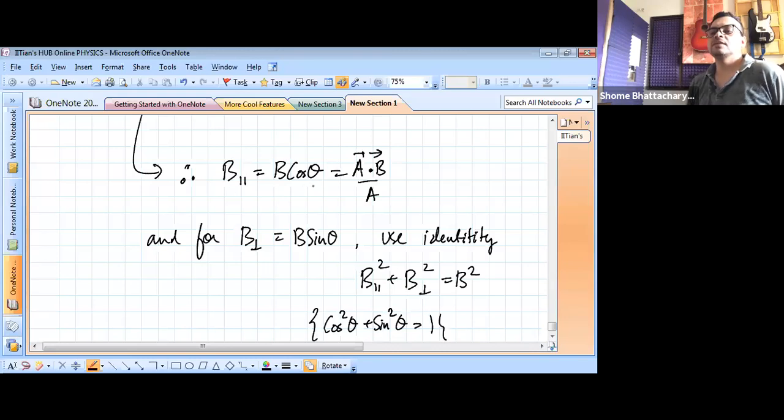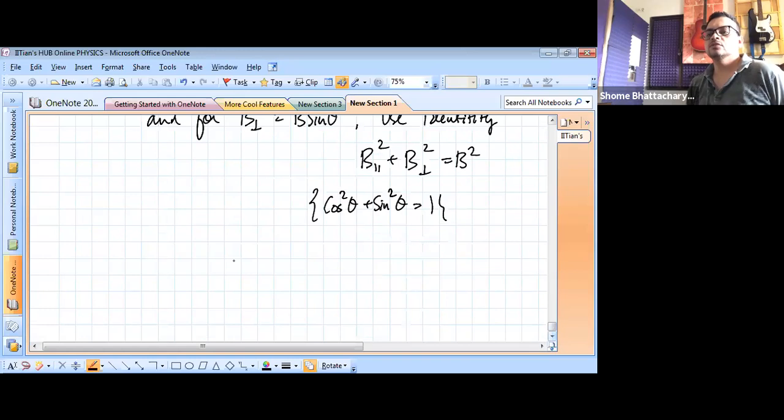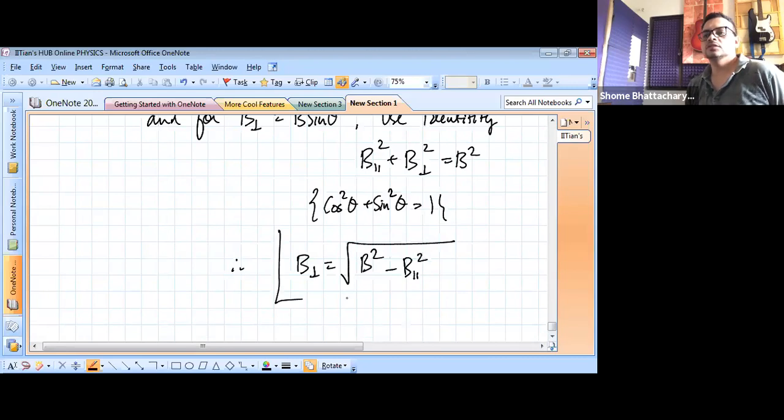Because B parallel square is cos square and B perpendicular square will be sine square. So sine square plus cos square is unity, so that's why it will be equal to B square. So therefore, B perpendicular will become nothing but square root of, yes, or Pythagoras theorem. That's correct. So Muru, that's the same thing. Making use of Pythagoras theorem. So we can use this.